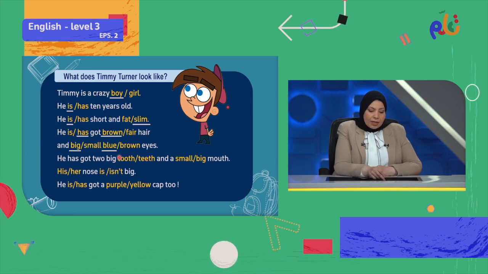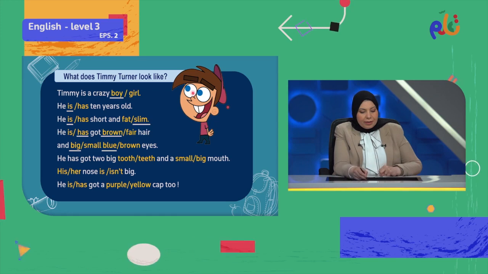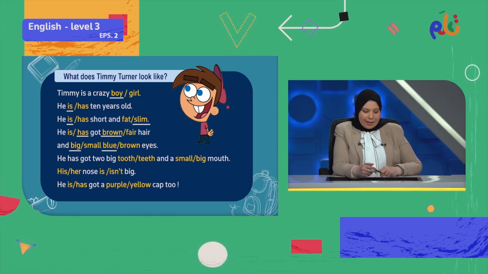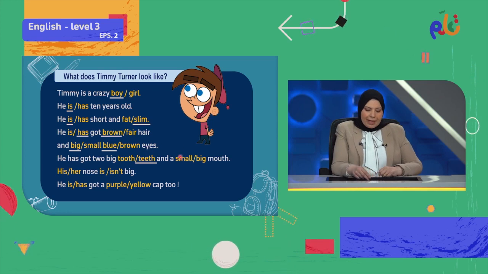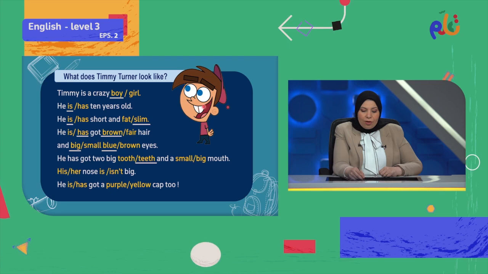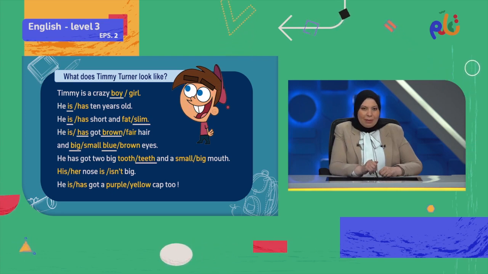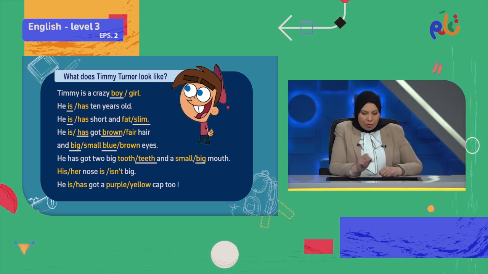He has got two big, okay, two big, tooth or teeth? Singular or plural? Yes, if we're talking about two, it is the plural. So two big teeth. And small or big mouth? Look at it here. Is this a small mouth or a big mouth? Yes, it is a big mouth.